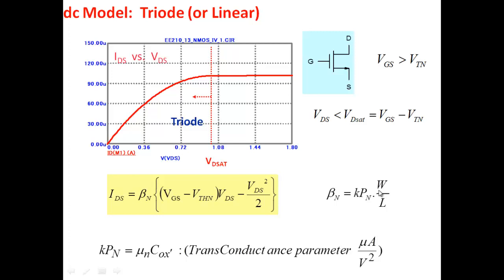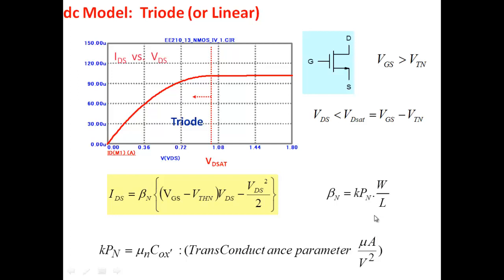This is quite different from bipolar. In bipolar, we never talked about the size of the bipolar. We never said you can make the area of the emitter larger or the area of the collector larger. While here, in MOS, this is central. Changing the width and the length of the MOSFET, W by L, is central to the design of MOSFET circuits.